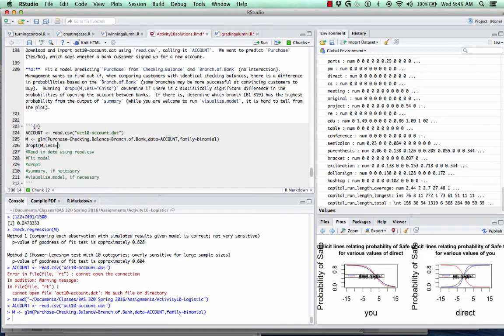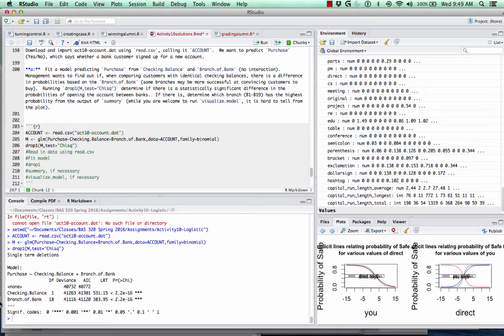Now, if this was just a two-level categorical variable, we could just look at the output of the summary. But since branch of bank has many different levels, we need the results of drop one here. So we run drop one. We see that it's represented by 18 different indicator variables. Is there a statistically significant difference in the probabilities between bank branches after we compare customers with equal checking balances? Well, yeah, absolutely. This p-value is much less than 5%.